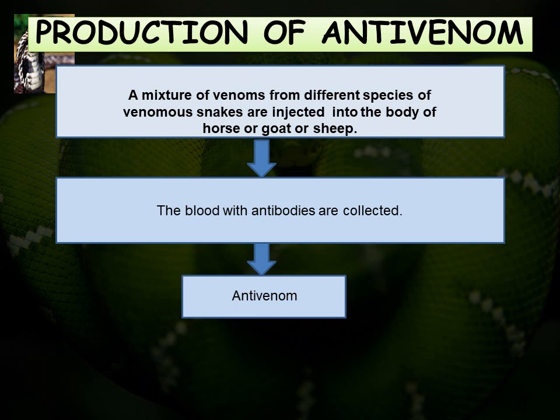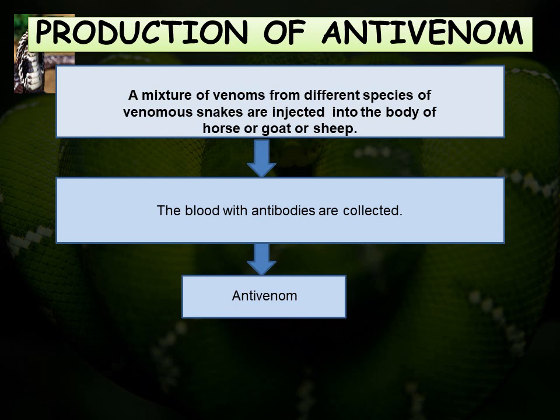Here we find that a mixture of different venoms is injected into the body of a horse or a sheep or a goat, and the antibody that is produced against that venom is collected, and this produces the antivenom. It is not that a huge amount of venom is given so that the animal dies. It is in a very low dose so that the antibodies can be developed, and that antibody produces the antivenom that is used for human beings.